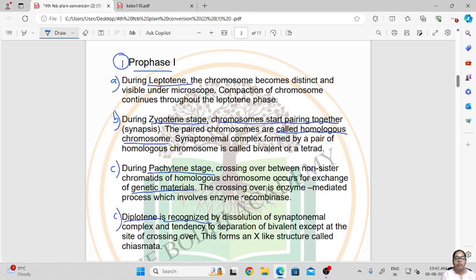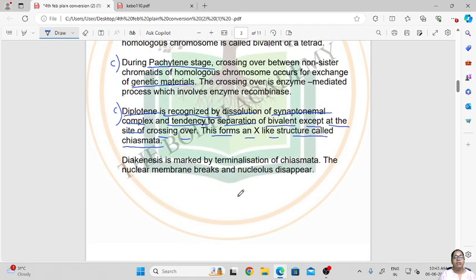This phase is recognized by dissolution of synaptonemal complexes and tendency to separation of bivalent except at the site of crossing over. This forms an X-like structure called the chiasmata. So during diplotene phase, chiasmata formation takes place.